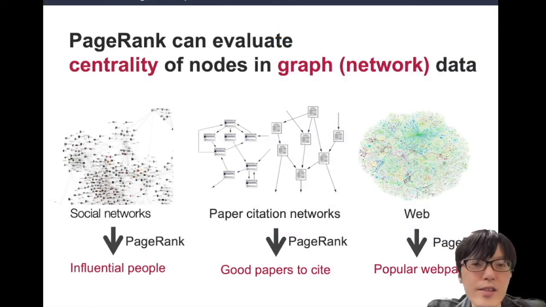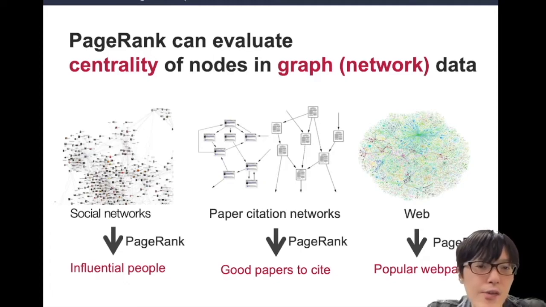So in today's lecture, we learned how to use the PageRank to measure the web page's importance. But the PageRank algorithm can be applied to various kinds of graph data. For example, if we apply the PageRank algorithm to social networks, we can find influential people. If we apply the PageRank to paper citation networks, we can find good papers to cite.